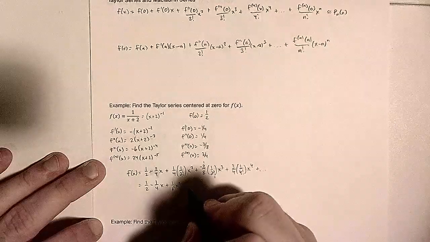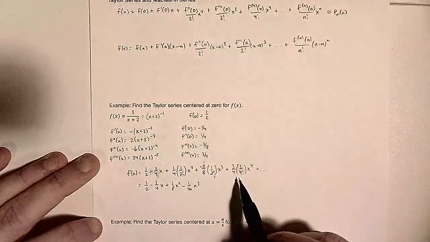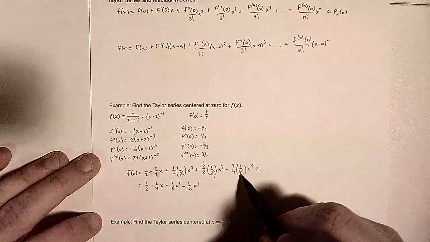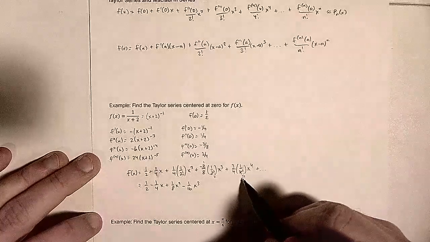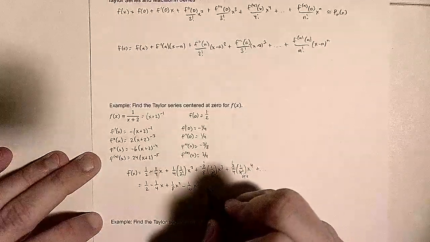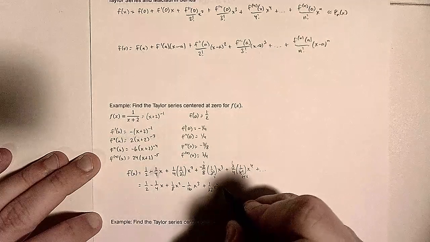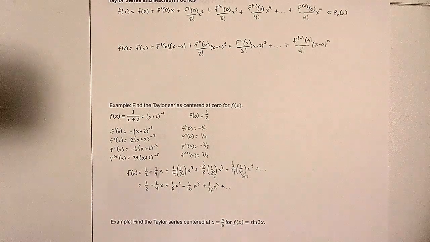And that's negative 1/16 x cubed plus, 4 factorial is 24. Let's make that 8 with a 1 there. That gives you 1 over 32 x to the 4th. And that is our Taylor series that approximates 1 over x plus 2 centered at 0.